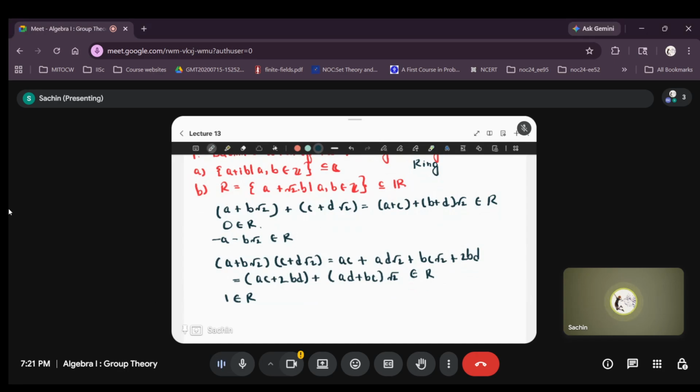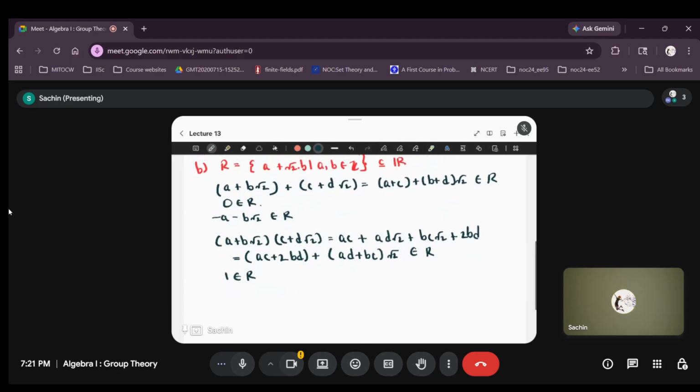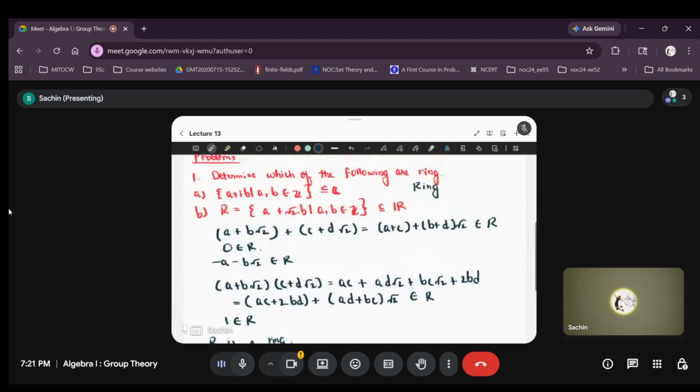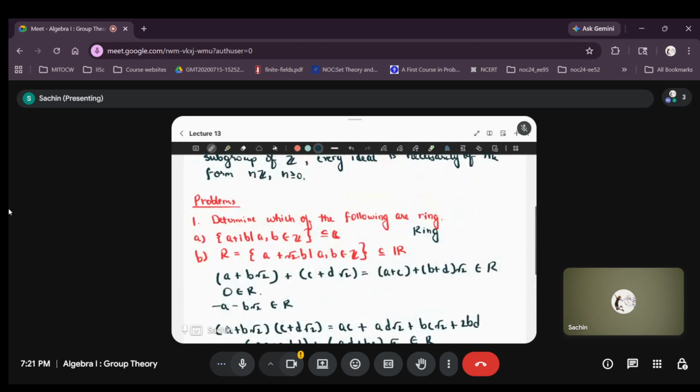Okay, so this is a ring. The earlier ring, we actually denoted this by Z[i] in previous classes, the set of Gaussian integers.